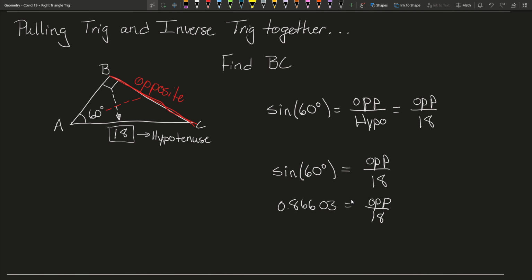We would need to solve for that opposite side, so we multiply both sides by 18. When we do that, we get 15.588 as our opposite side. And that's our answer.